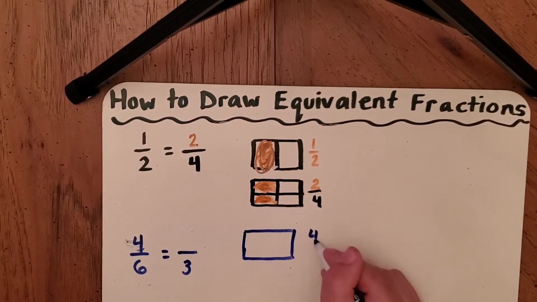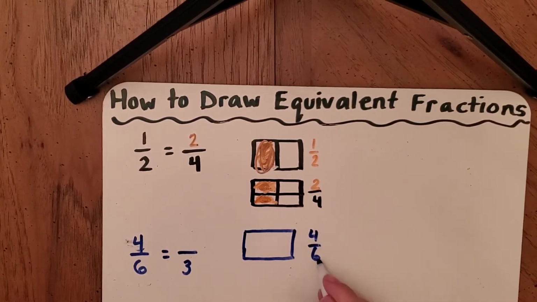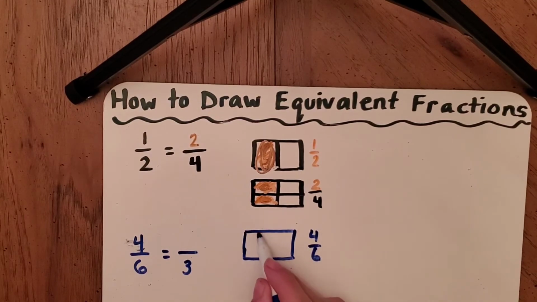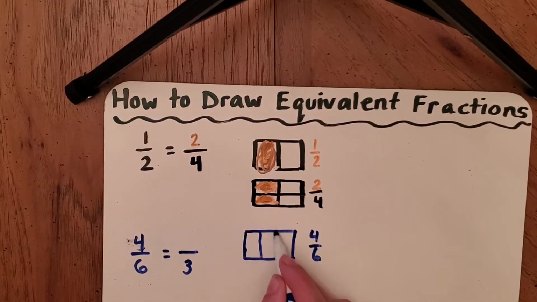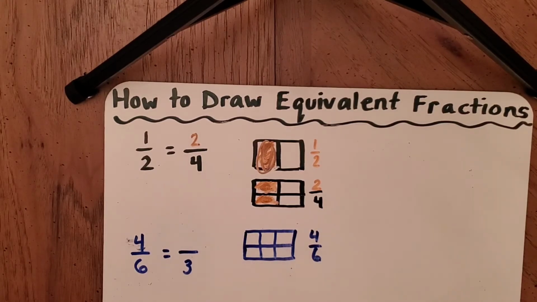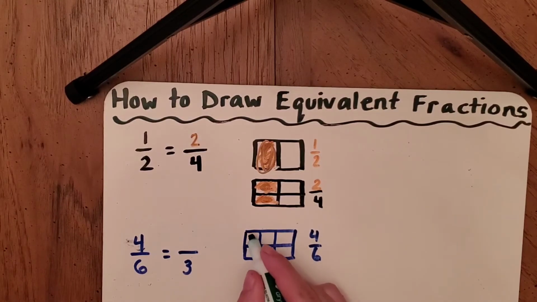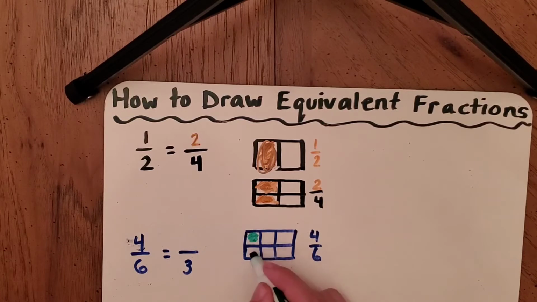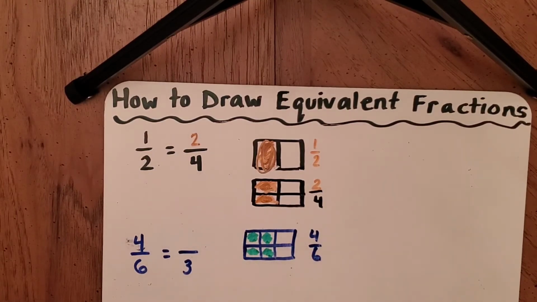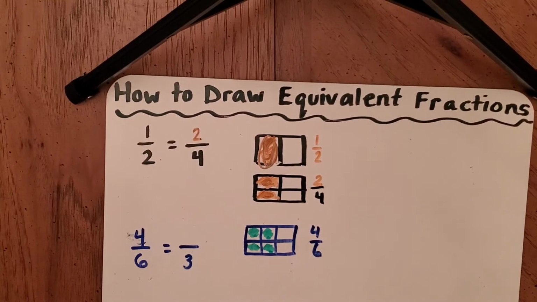So there's my whole. I'm going to cut it into 6 pieces. I'm going to shade in 4 of those 6 pieces. 1, 2, 3, 4.